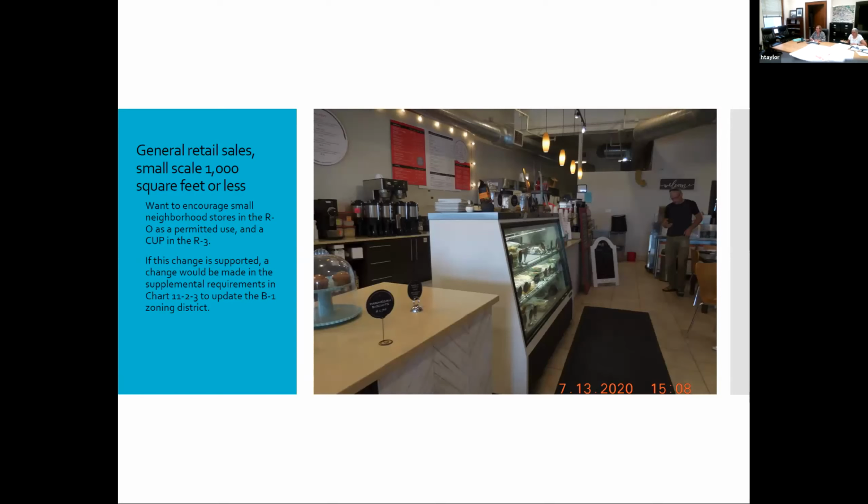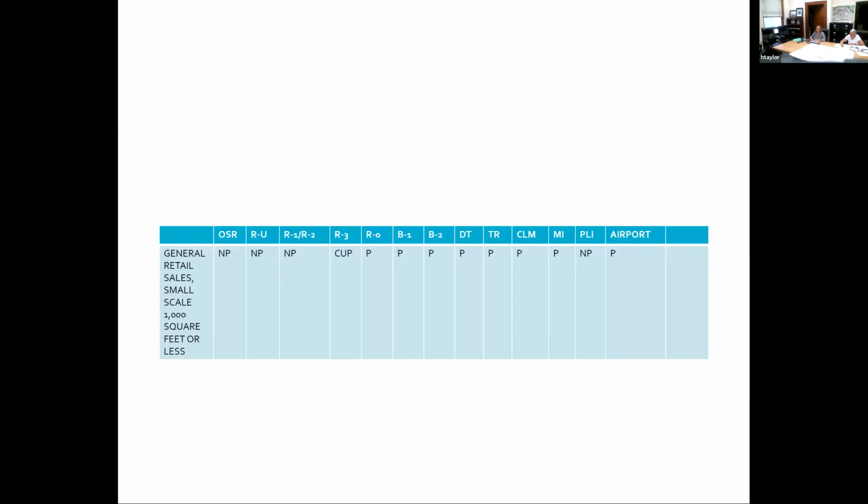Rebecca, you'd like to suggest we consider a CUP for small scale retail in RU? Stephanie, will you go to the next slide, please? Okay, so for small scale, 1,000 square feet or less, we want that to be a conditional use permit in the RU.